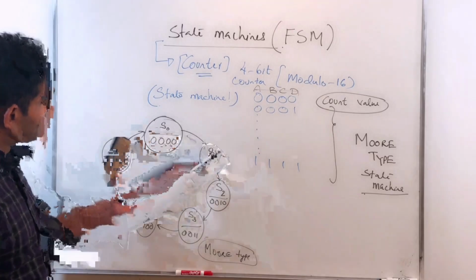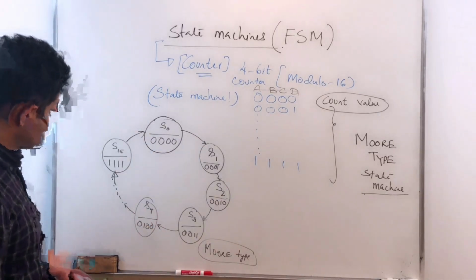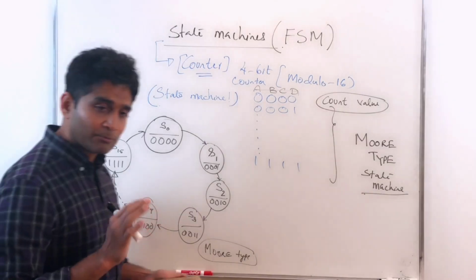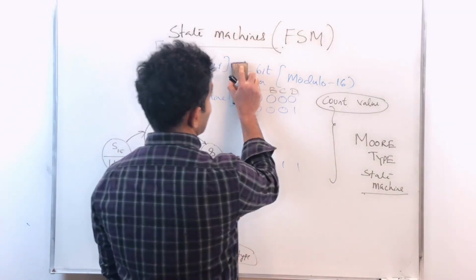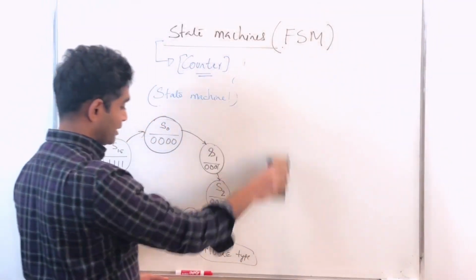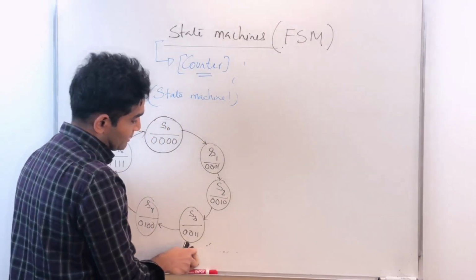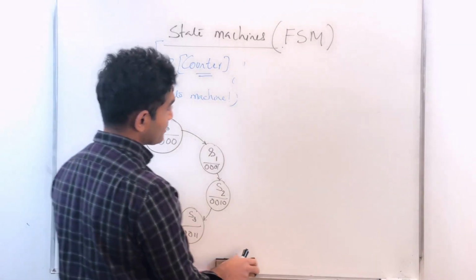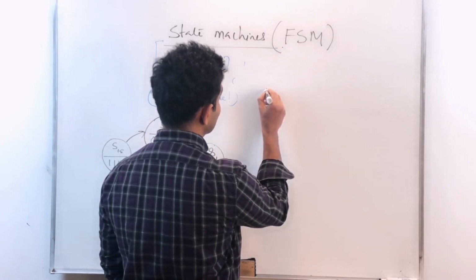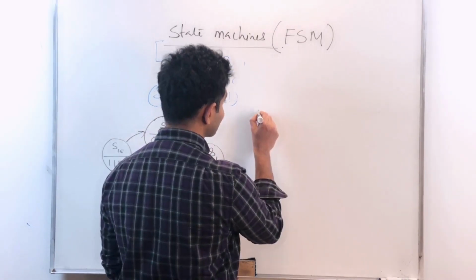You translate that information into the state table. Again, you follow the same format each time when you're designing a state machine. So the major part is done. I've come up with the state diagram. So now the implementation would look something like this. Again, in my state table, the first column would be the present state.